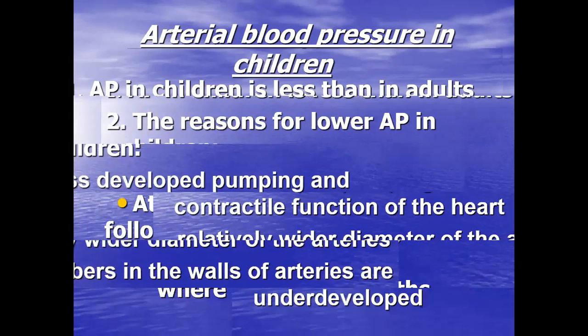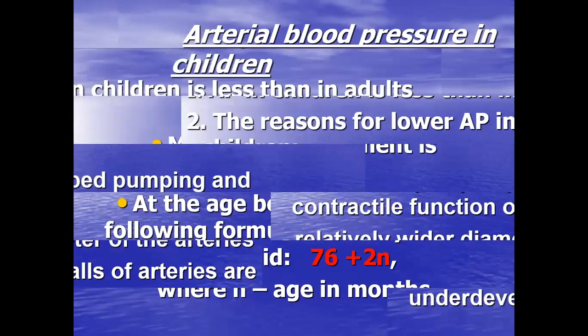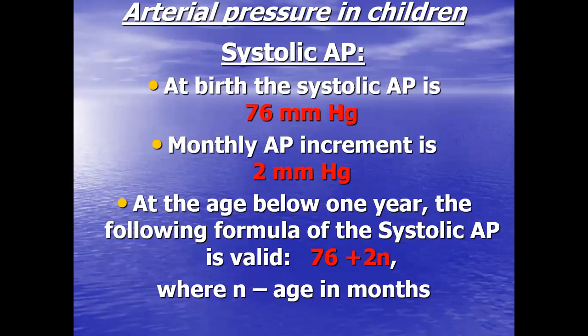And arterial pressure comprises systolic arterial pressure and diastolic arterial pressure. And systolic arterial pressure at birth is 76 millimeters of mercury, with monthly increment to millimeters of mercury.